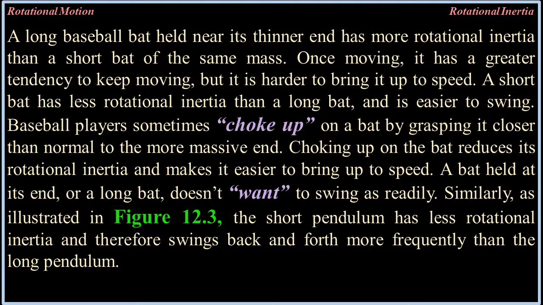Baseball players sometimes choke up on a bat by grasping it closer than normal to the more massive end. Choking up on the bat reduces its rotational inertia and makes it easier to swing up to speed. A bat held at its end, or a long bat, doesn't want to swing as readily.